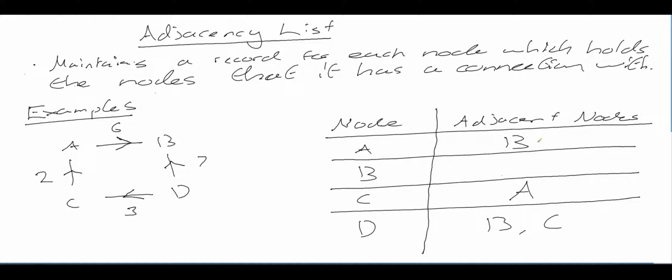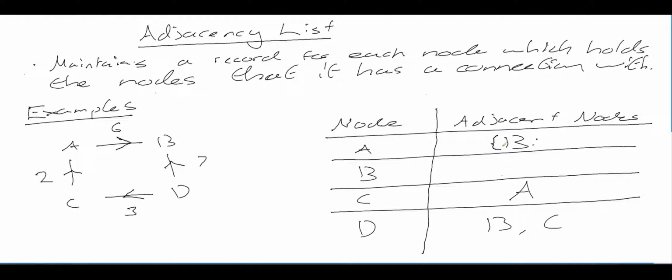And indeed, when we're implementing an adjacency list, we can store, for a weighted graph, the adjacent nodes for any particular node as a dictionary or hash map, or whatever it's called in the language you're using. So let's just go through an example of what that looks like.